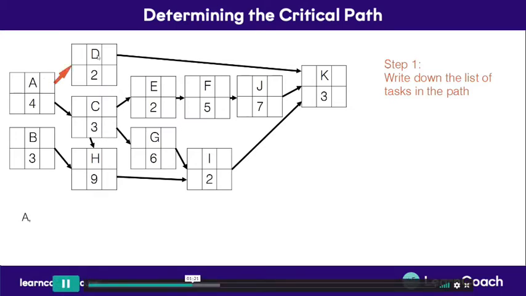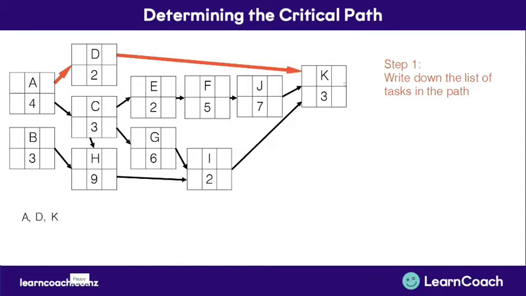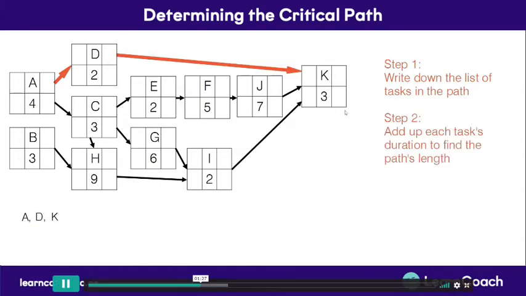And then take an arrow to task D, and then follow this arrow to task K. That's our first path. Our second step is to add up each task's duration to find the path's length. So after you've written down the path itself, this path is A, D, K. You'll just add up the time that it would take.